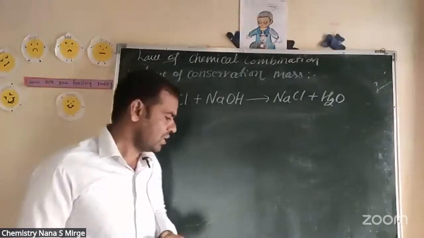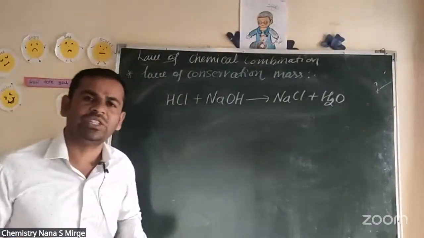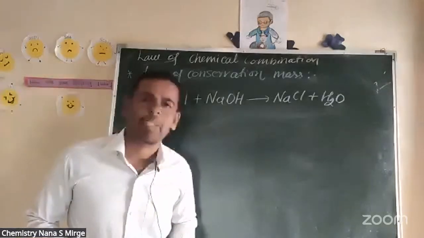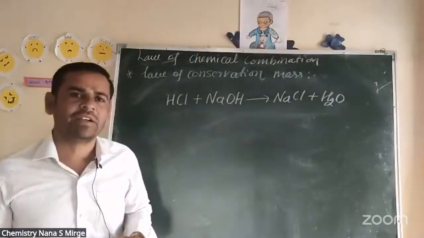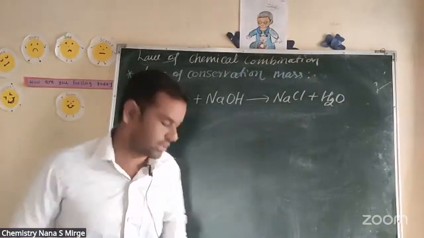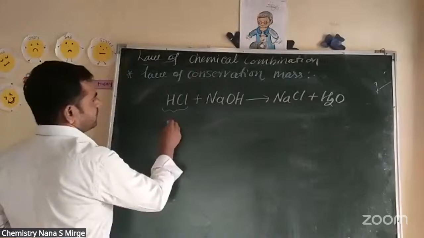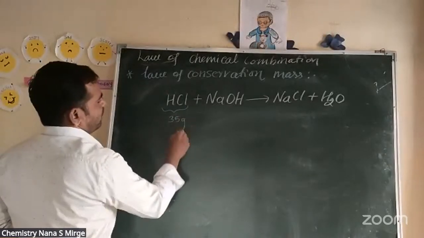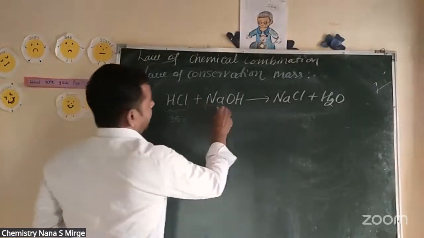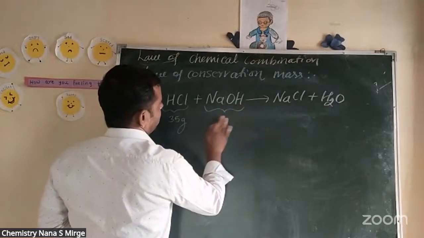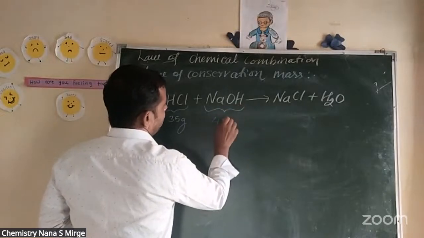The law states that the total mass of product is equal to the total mass of reactant. The sum of the mass of reactants is equal to the sum of the mass of products. So we can find out. The molar mass of HCl is 35, and NaOH's molar mass is 40, maybe 40 gram.